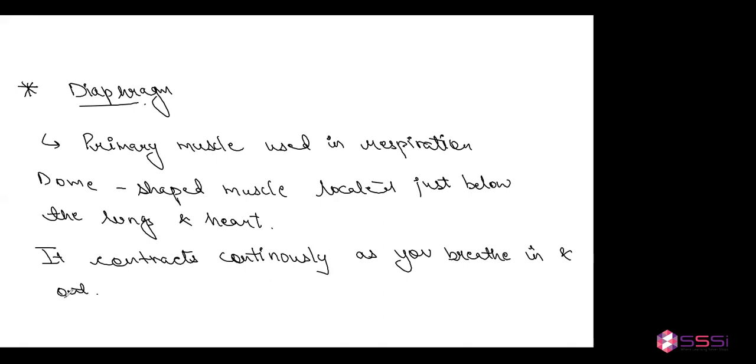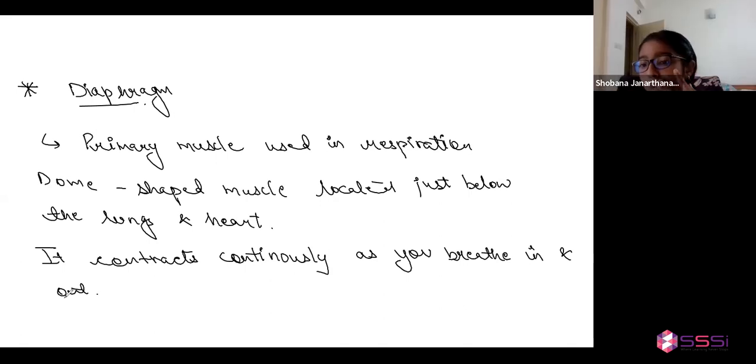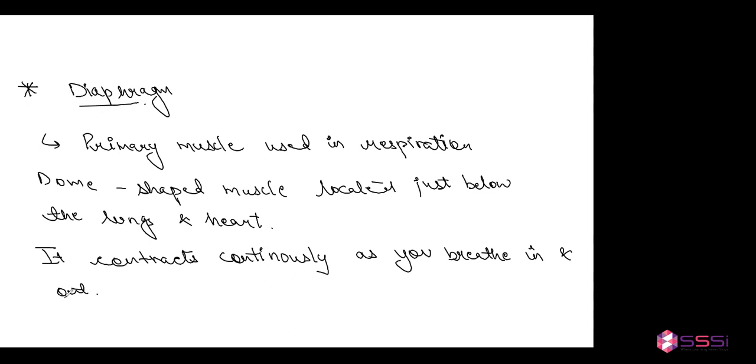So there are three large openings in the diaphragm that allow certain structures to pass between the chest and the abdomen. First is the esophageal opening, then the aortic opening and the caval opening.